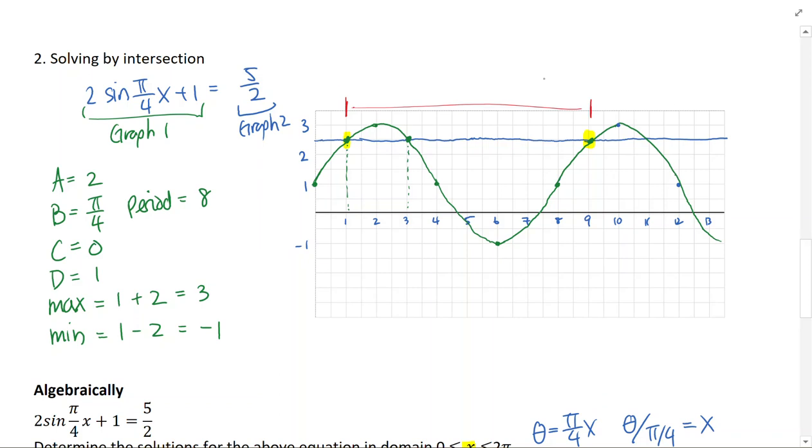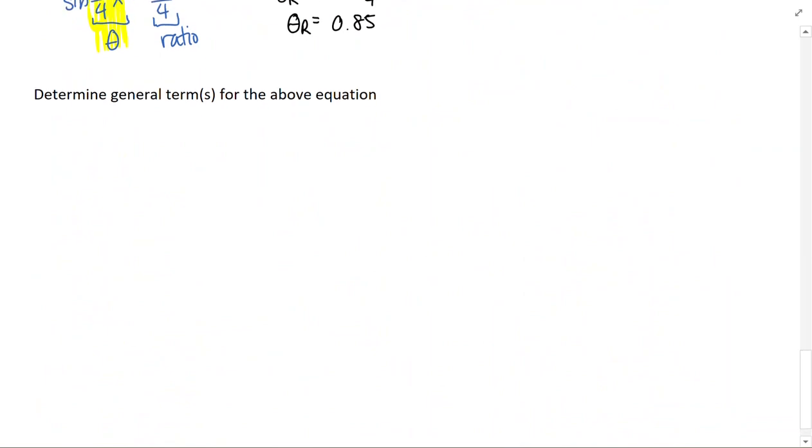And you're going to notice that this distance is the period. And every period, the points will repeat itself. Therefore, we could write out the general equation for general terms.